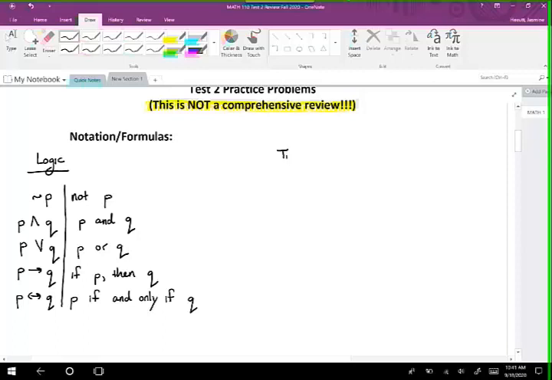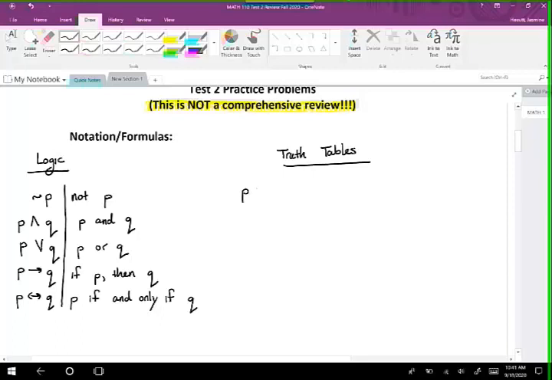After we learned all of the symbols, we went ahead and started looking at truth tables. Let me put all of the truth tables that you need to know together in one place.